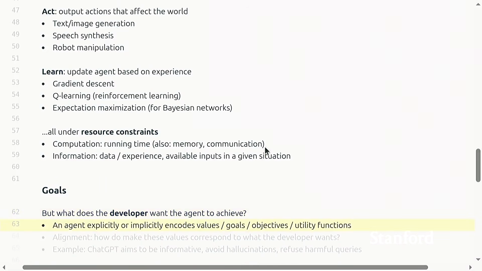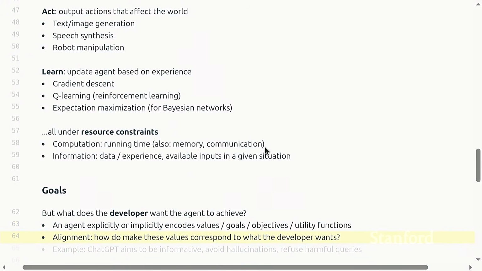One general comment is that an agent either explicitly or implicitly encodes some sort of values, or similarly goals, objectives, or utility functions. Often these objectives are stated explicitly, but even if you don't state them explicitly, there's some implicit thing that it's trying to do. So that's something to keep in mind.